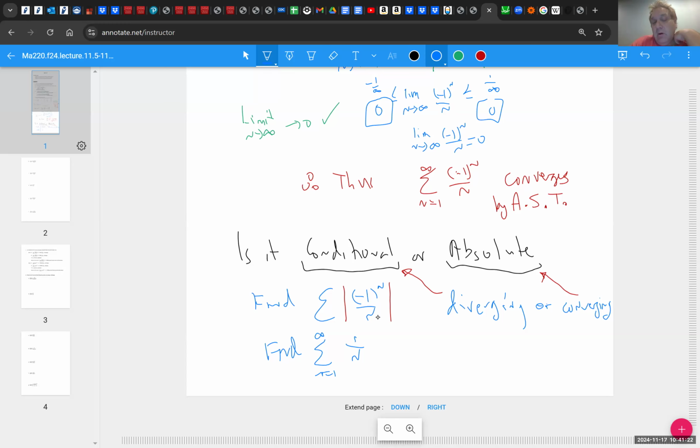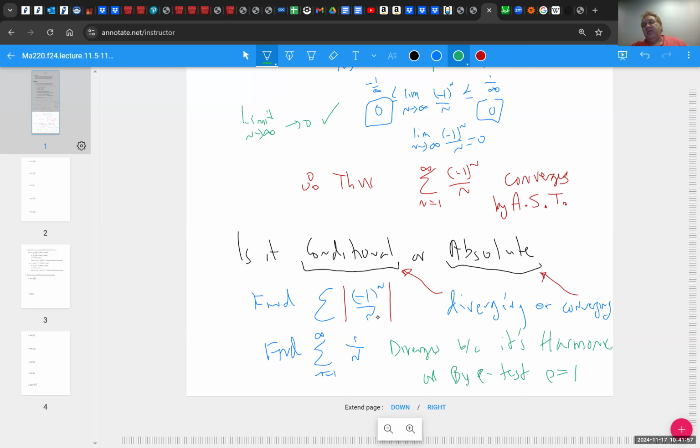So what do we know about the convergence or divergence of the series 1 over n? If this looks familiar, this is called the harmonic series. And it diverges, and you could just say so because it's harmonic, or you could say it diverges by the p-test with p equal to 1.